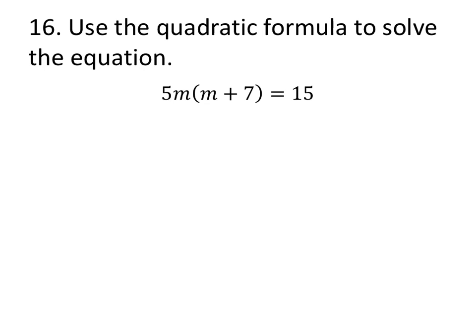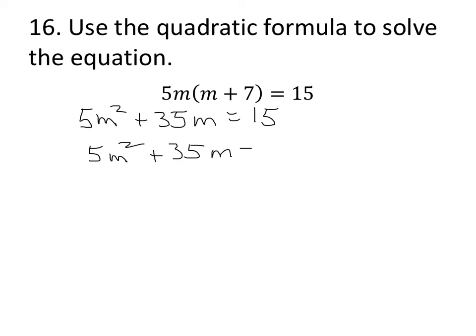So we're going to distribute the 5m to get 5m squared plus 35m equals 15, and then we'll subtract 15 from both sides. 5m squared plus 35m minus 15 equals 0.